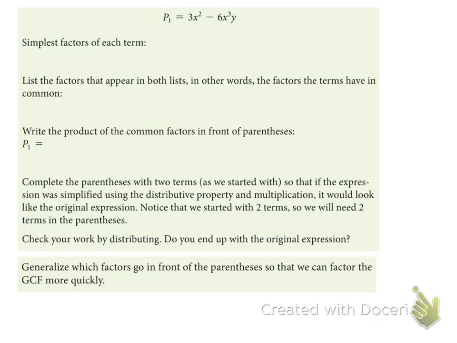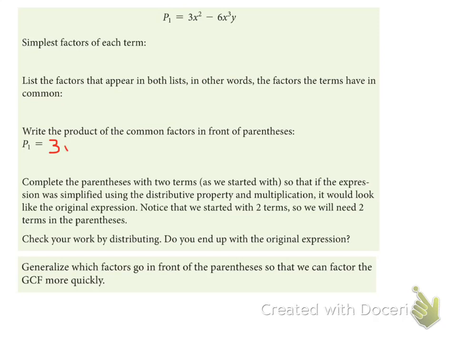Look at the numbers first, the 3 and the 6. What could you factor out of both of those? A 3. Now let's look at the x's. We have x squared and we have x cubed. What could we take out of both? X squared. That variable has to appear in both, and then you use the one with the smallest exponent.